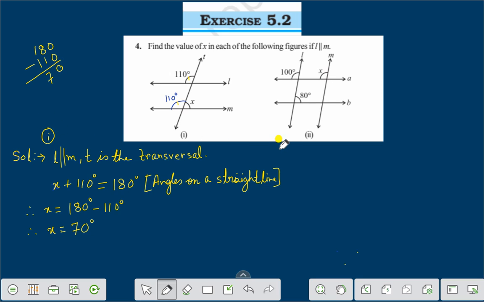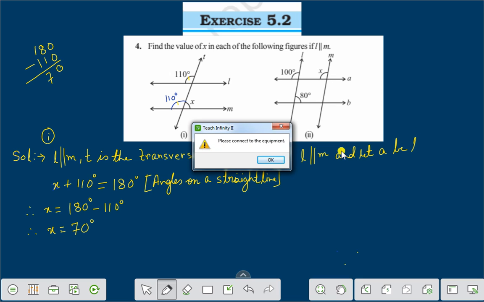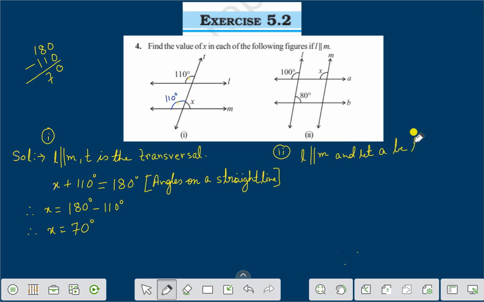If we explain figure 2, here you see, you have to find the value of x. L is parallel to M, and let A be the transversal.